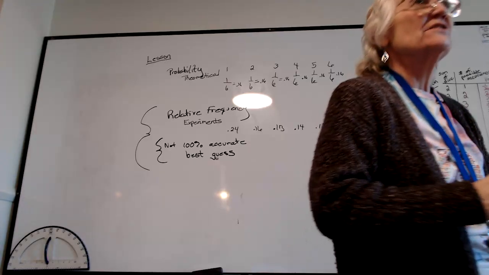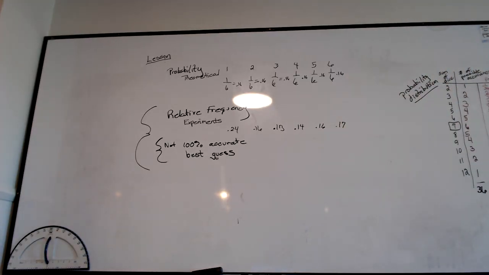The main thing is realizing that a lot of what we hear, like the chance that you have of doing this, is not based on theory. It's based on experiments. And so it's not 100% accurate. That's why the weatherman can get it wrong every day. He's just going on past experience of what these conditions are and what will likely come from that, but it's all based on relative frequency because he has no idea what all the different outcomes are.